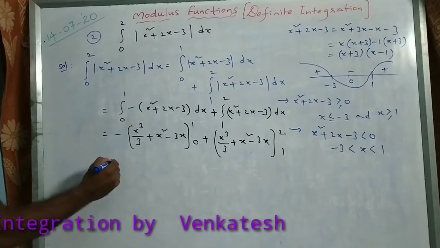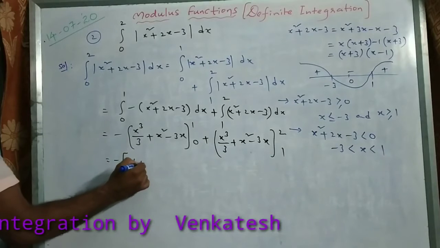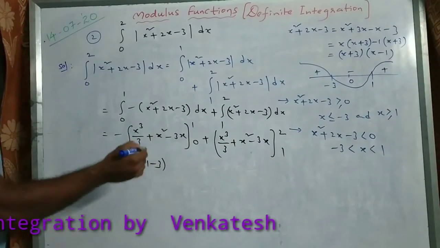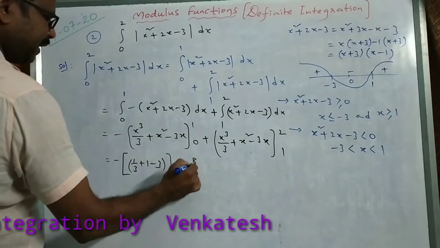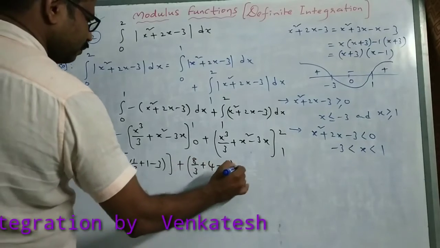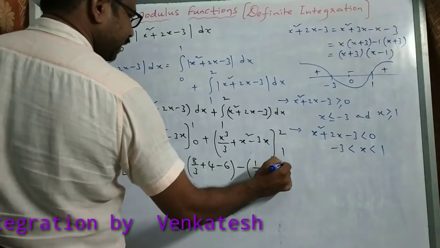Substitute the limits now. Minus of 1 by 3 plus 1 minus 3. Rest all will be 0, I think. Plus 8 by 3 plus 4 minus 6 minus of 1 by 3 plus 1 minus 3.